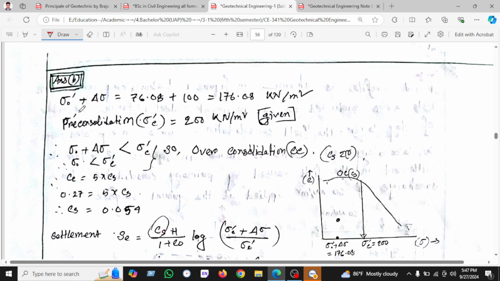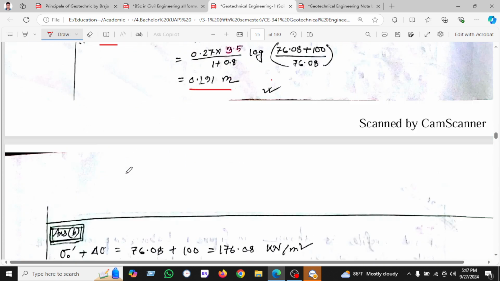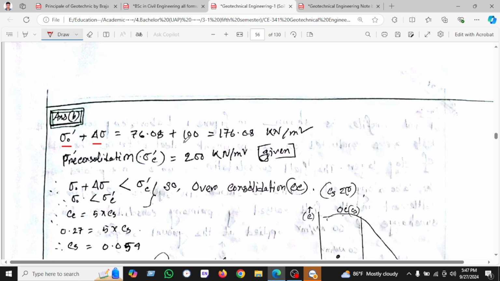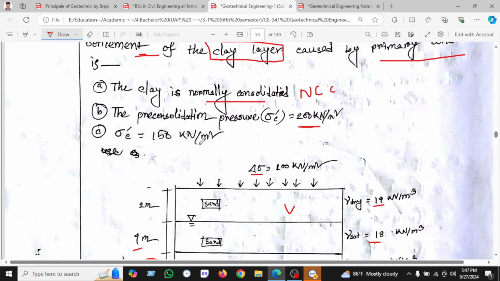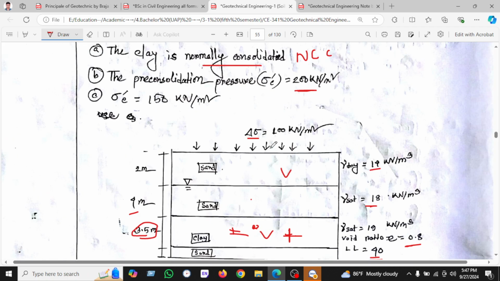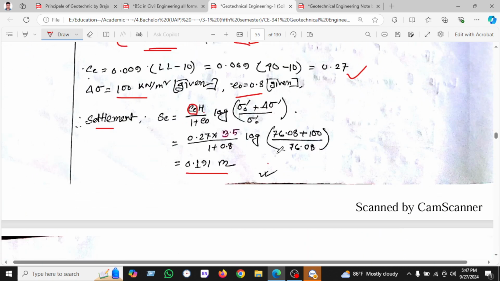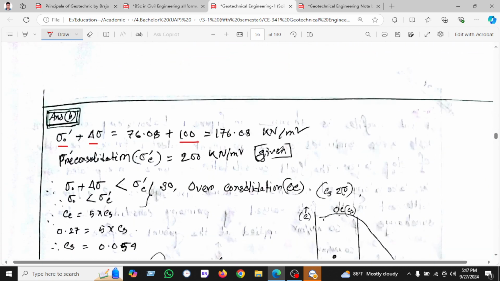And answer B: we have found sigma naught here, using this formula, 76.8, and delta sigma is given as 100. Delta sigma is given here, and we found 176.6.